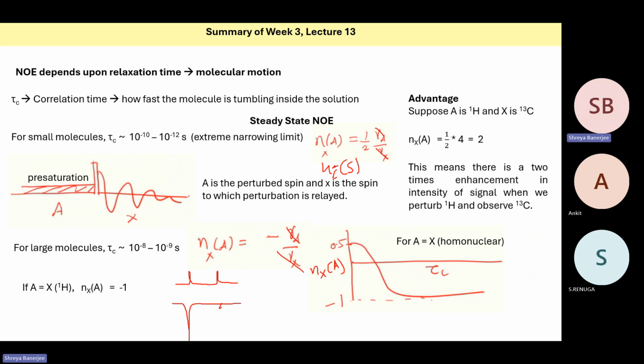So the NOE will go from half to -1 as a function of tau. As you can see, as tau is going from small to large, the NOE is also going from 0.5 to -1. In small, it was 0.5, in large, it was -1. So this is a graph that you can just remember.